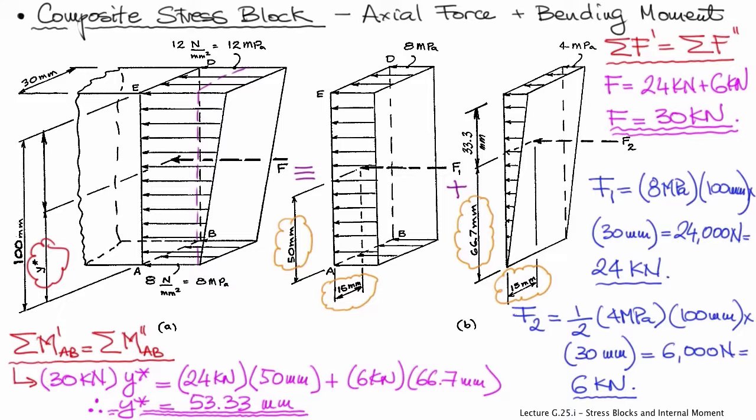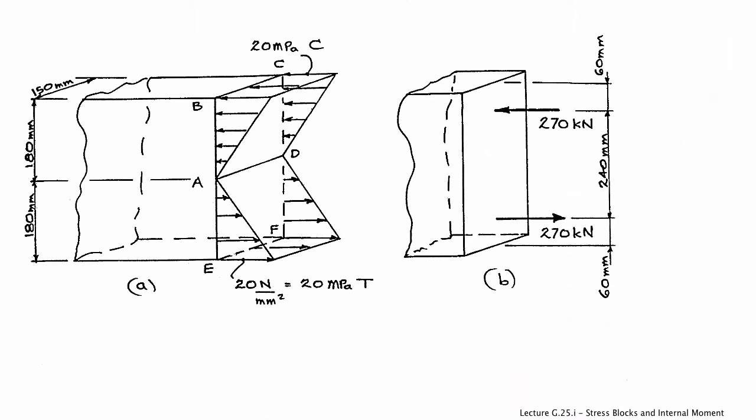So now we know both the magnitude and the location of F by applying the principles of equivalency. And this is how we deal with composite stress blocks when we are not sure about the geometry, the location of the centroid, but we can divide them into simpler figures.